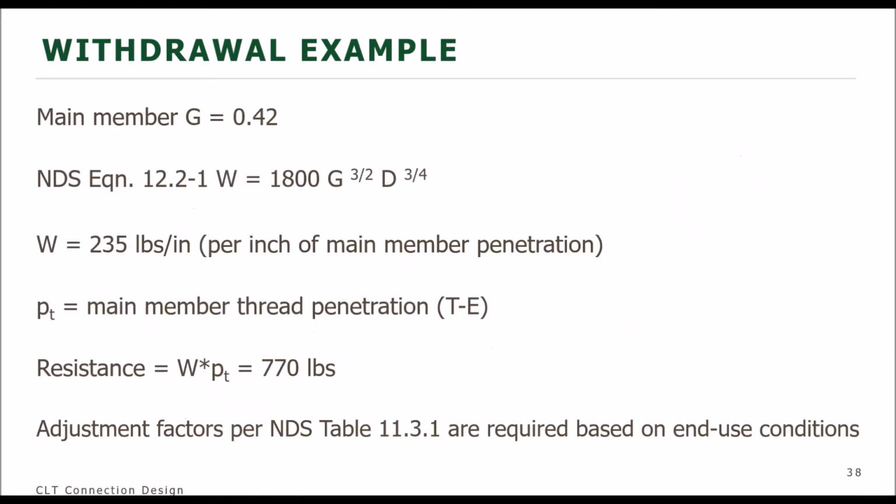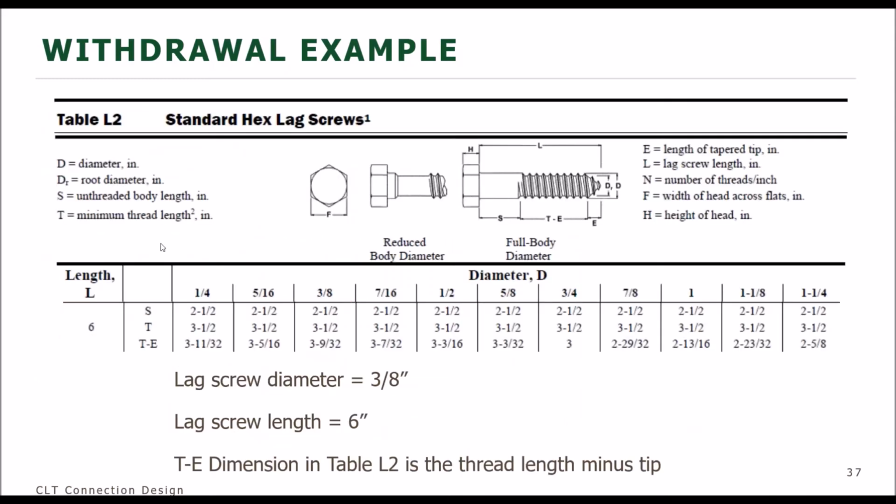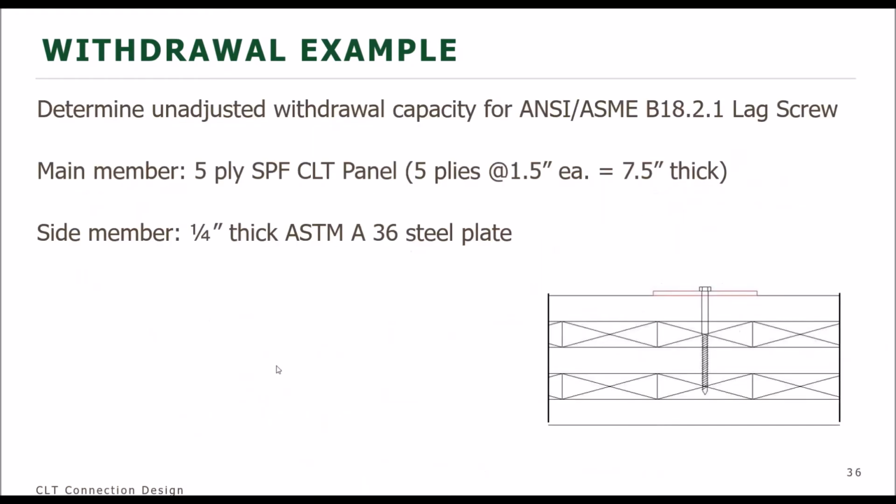This is something that oftentimes trips people up. We have a 6-inch lag screw, and it's only got a 1/4 inch steel side plate. So let me jump back to the illustration. We've got 5.5 plus inches, not including the tip, of penetration into the main member.